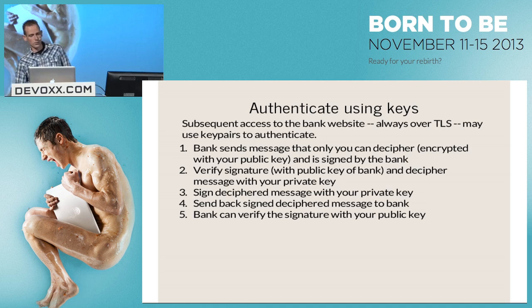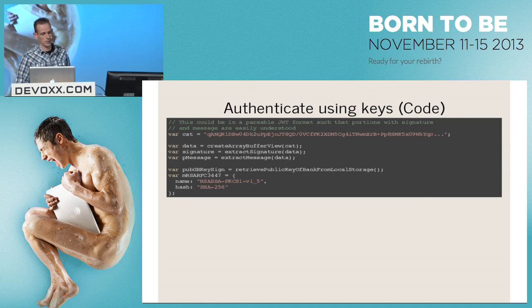So how do you do that using the Web Crypto API? First, of course, you get the public key of the bank. In this example, it's again in a JSON web token. We extract the signature and the message from the data, and then we also have to get the public key of the bank out of our local storage.